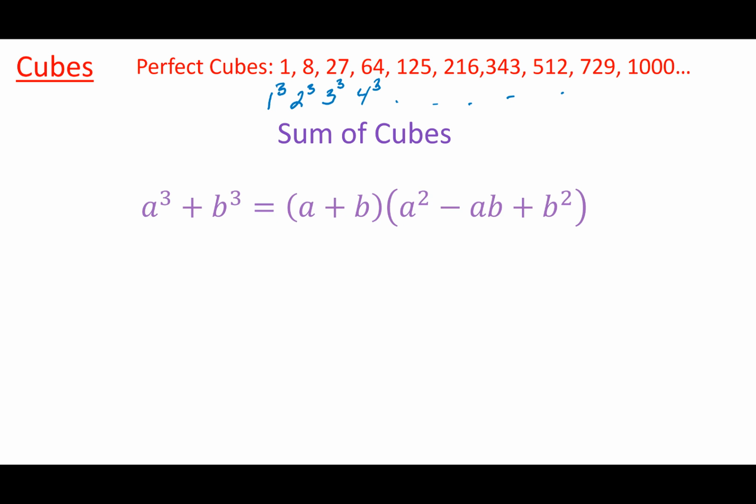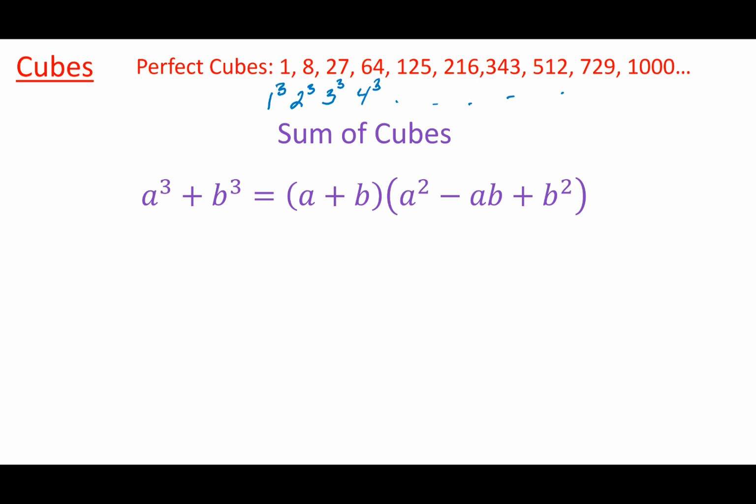The formula for if I have a sum of cubes is this. So if I have something that's set up as a cubed plus b cubed, it's going to become, first set of parentheses, a plus b. Second set of parentheses, a squared minus ab plus b squared.